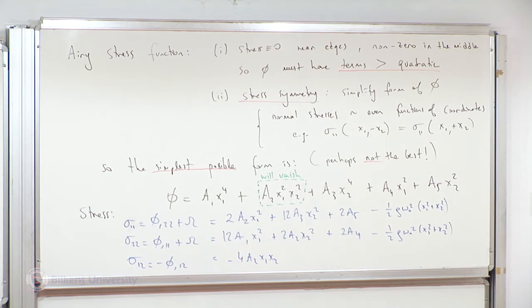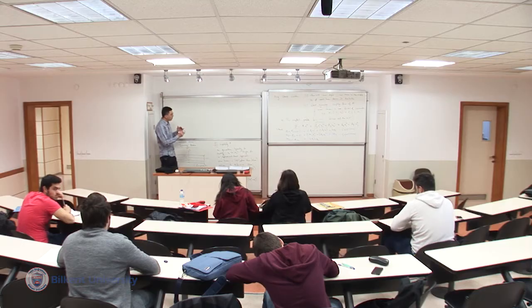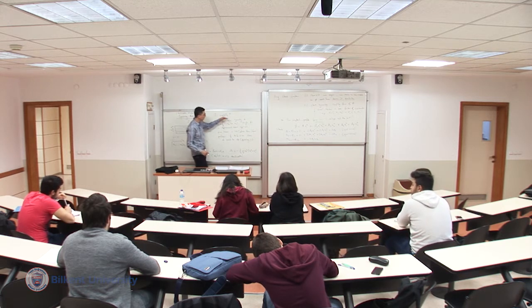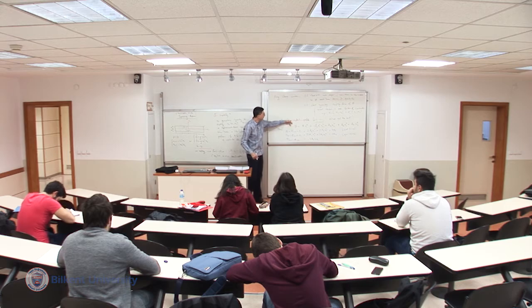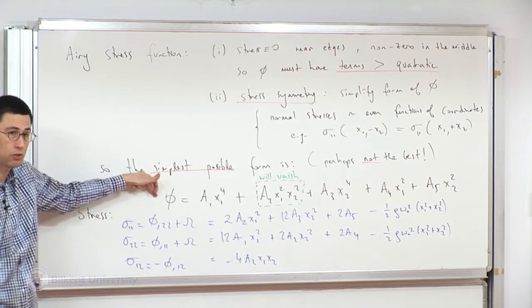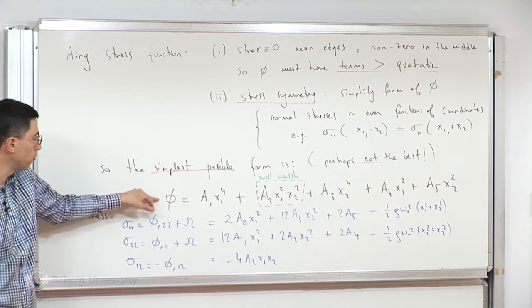All right, so let's proceed with the determination of those constants. What next comes in our solution diagram is really compatibility. Now I have some problem-tailored form, problem-tailored in the sense that I'm looking at these two observations and trying to satisfy them with the simplest possible form.